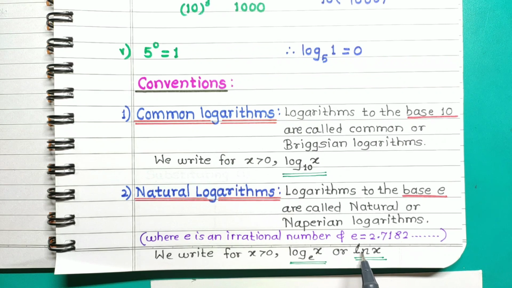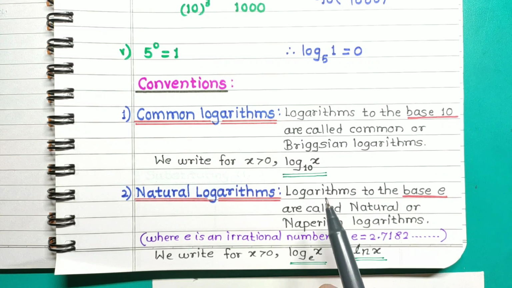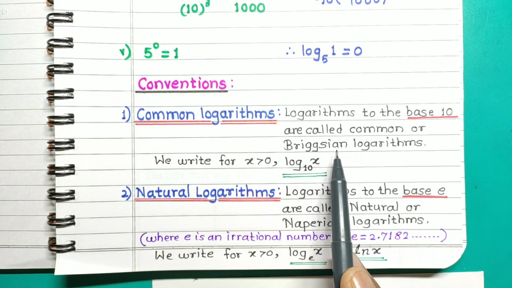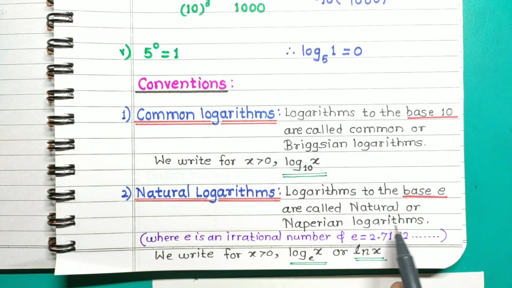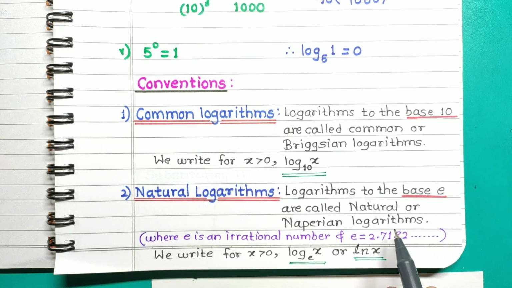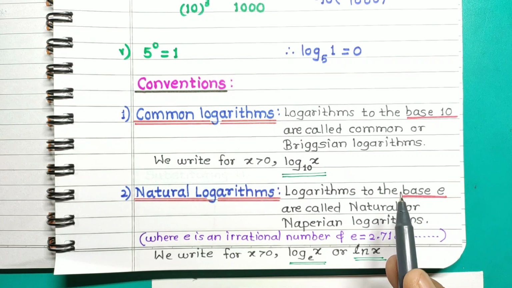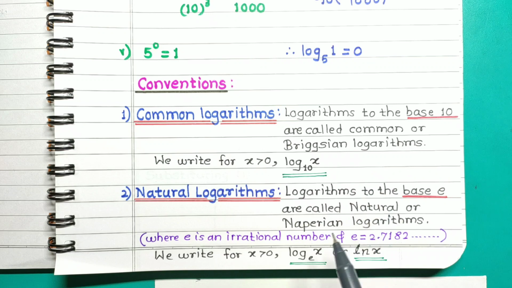See this notation, ln x. These names, Briggsian logarithm and Naperian logarithm, are given in honor of mathematicians Henry Briggs and John Napier.